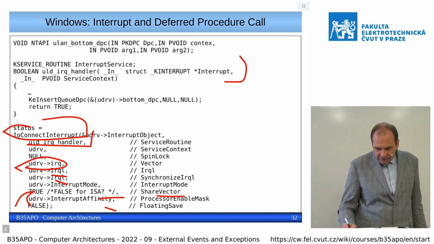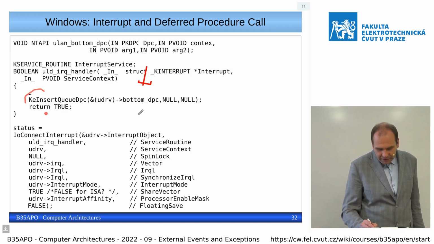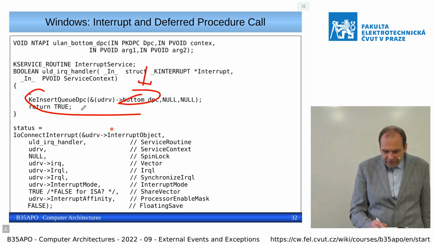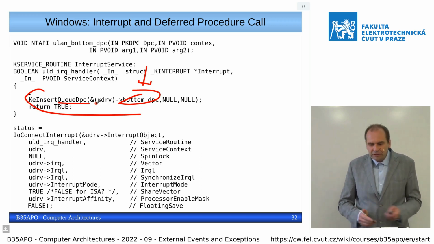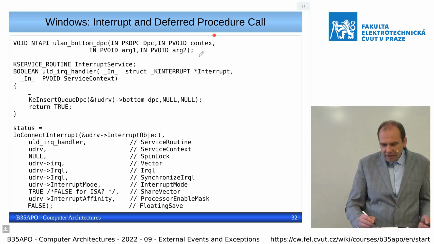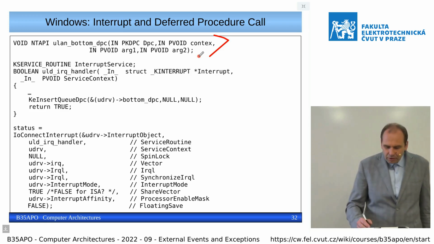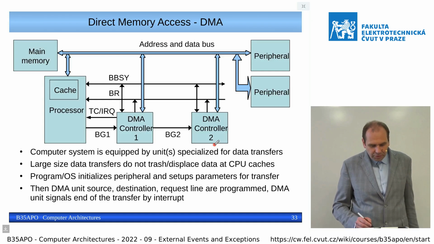But anyway, when the interrupt happens, you get to the interrupt service routine, it does something, and then continues with deferred procedure calls. So it is possible, for example, to register some routines which run not at the user or system level, but at a little higher level, the dispatch level, an uninterruptible level, but not directly in the interrupts. So it is another option.